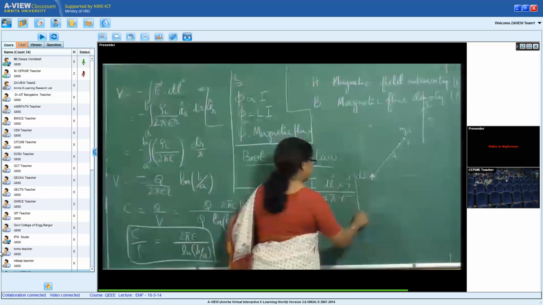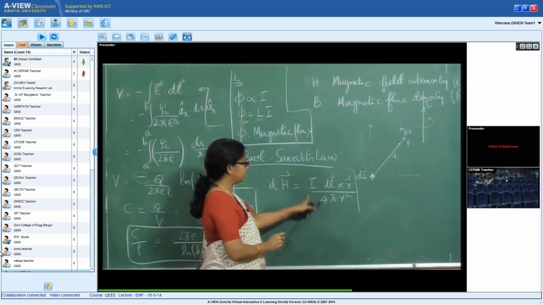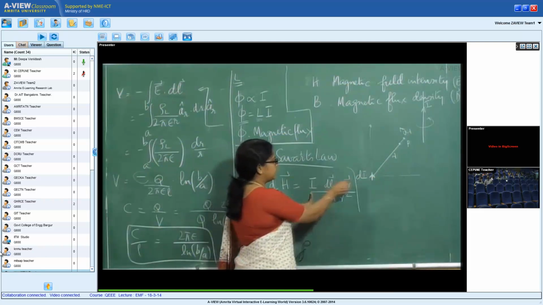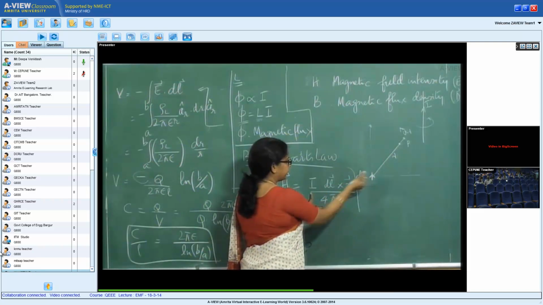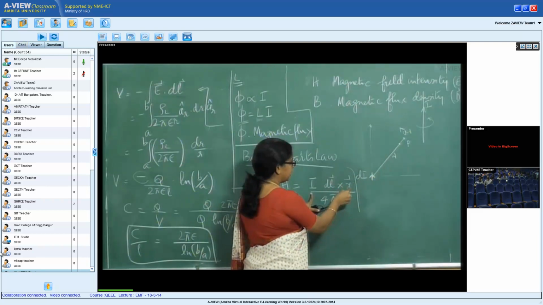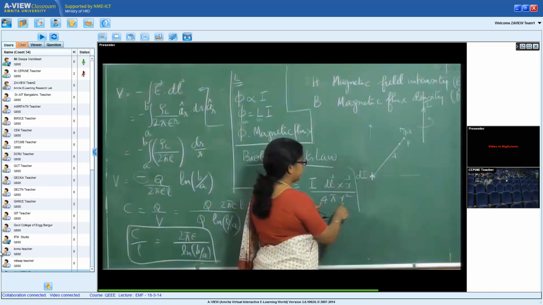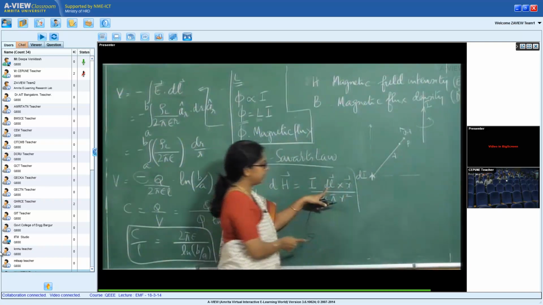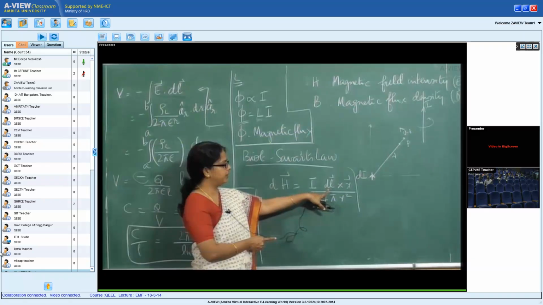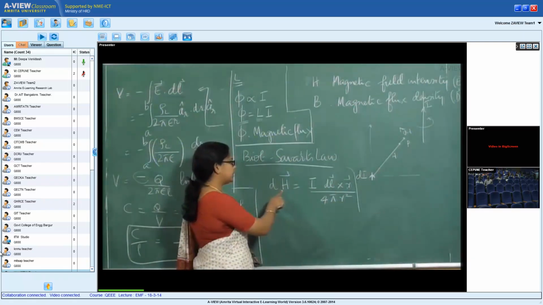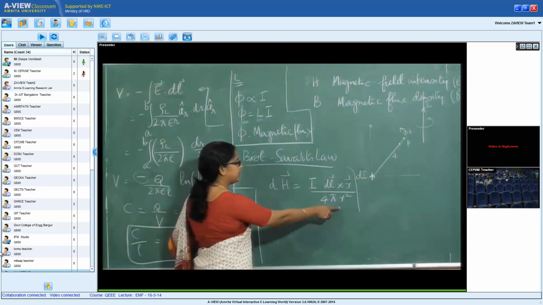So this is a vector whose magnitude is given by Idl, times r, this distance, divided by 4 pi r square, and the direction is given by the direction of the cross product of dl cross r. So magnitude is proportional to current, inversely proportional to the square of the distance.